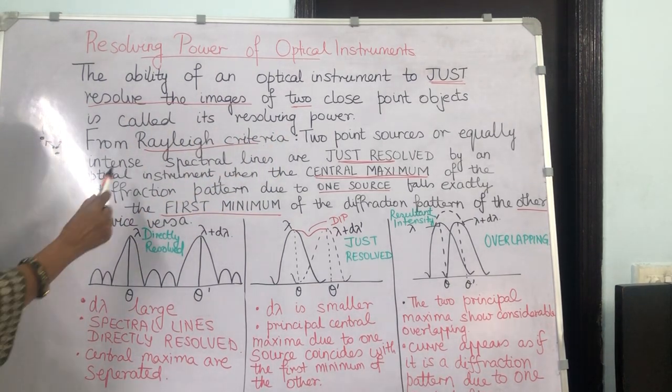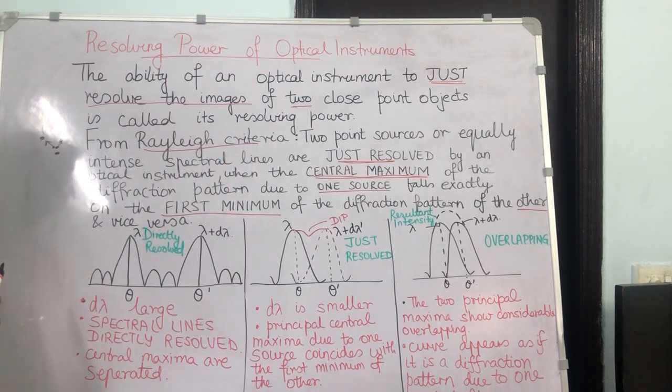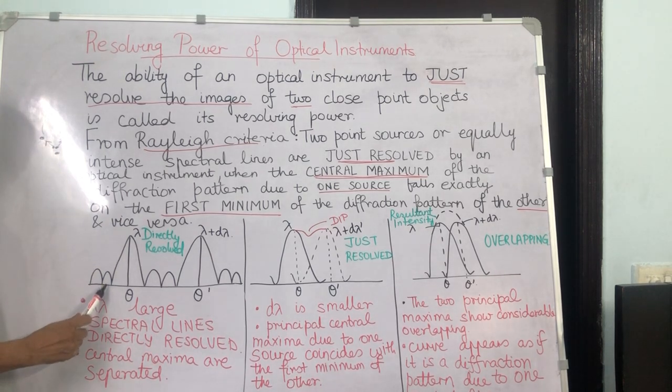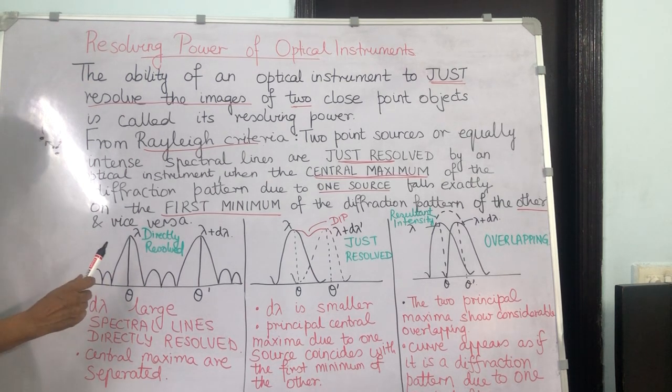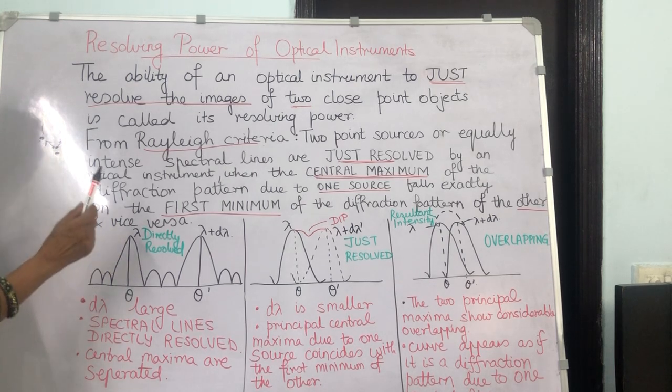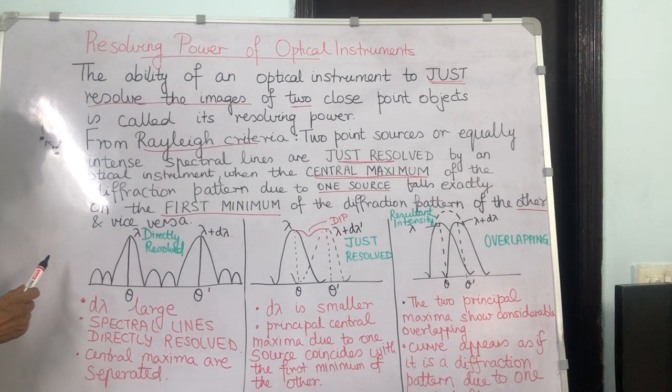Now, what criteria has Rayleigh given, according to which you confirm that if this criteria is satisfied, you will see two clear images? You have to learn this criteria because it comes in short questions: define Rayleigh criteria of resolution. Remember that the diffraction pattern consists of a central maxima or principal maxima followed by secondary maxima and minima.